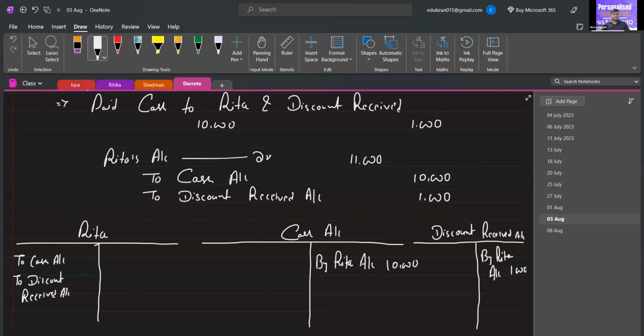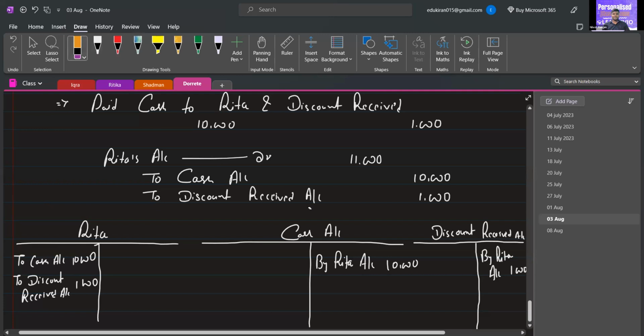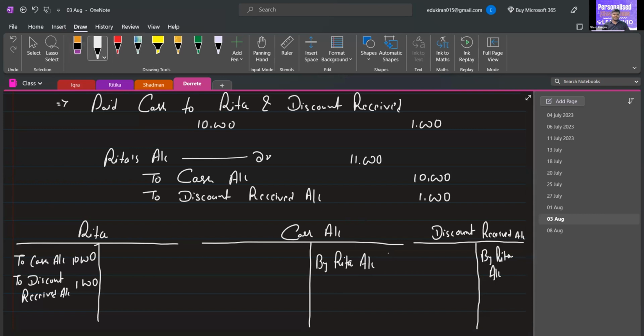And by Rita, on cash account and discount received account, it will be 11,000. That's it. It is incorrect.